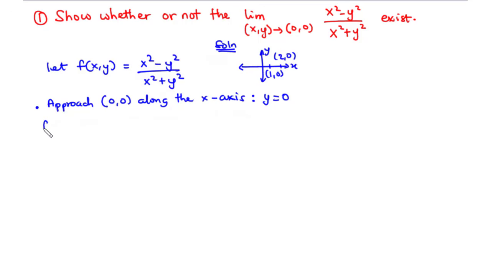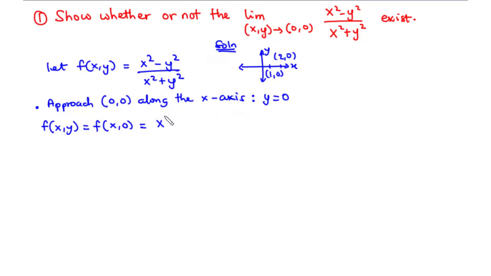So f(x, y) becomes f(x, 0), because y is equal to 0. Wherever we see y in this function, we plug in 0.